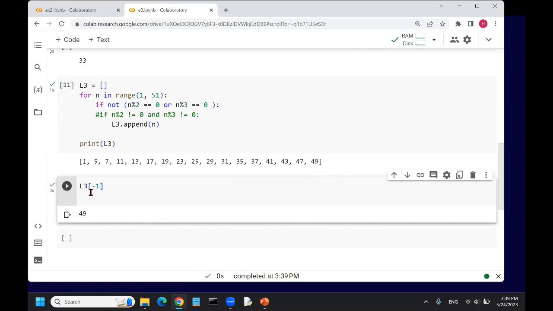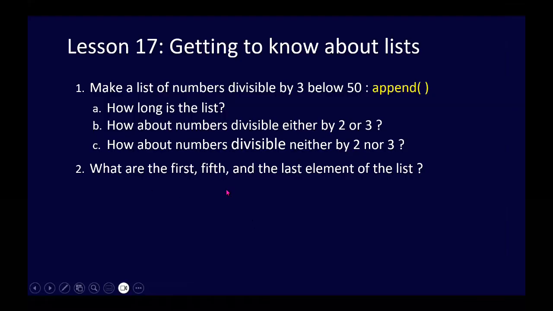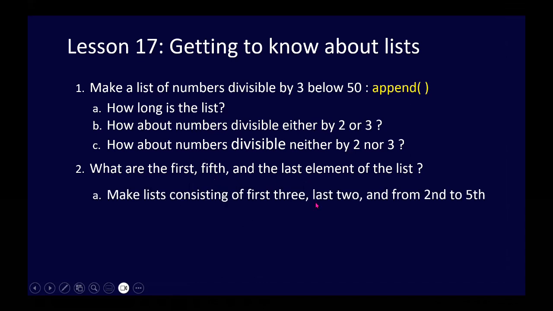Okay, remember this. This is a very important technique to get the last element of the list by using -1 as index. Okay, so you know the tricks. First is 0, fifth is 4, and the last is -1.